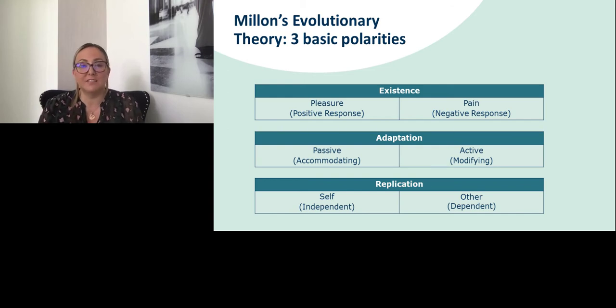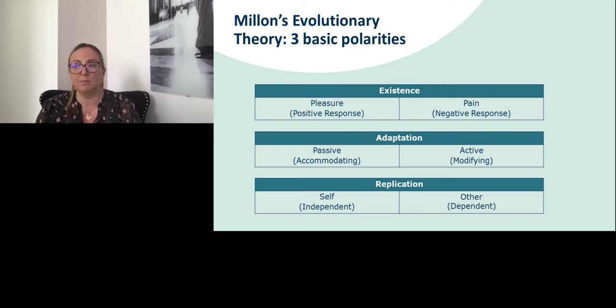But from this perspective of these 3 polarities, personality patterns are looked at as learned strategies to secure positive reinforcement and to minimise punishment. So, for example, the pleasure-pain polarity represents the nature of responses we elicit from other people. So that might be positive, attention, praise, safety, or it might be negative, like frustration or disapproval.